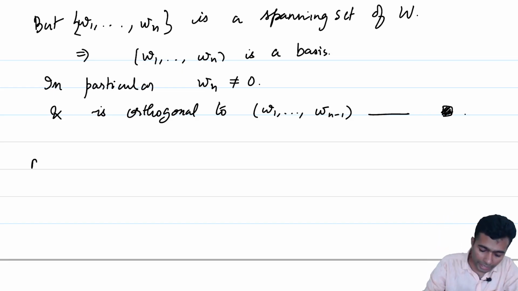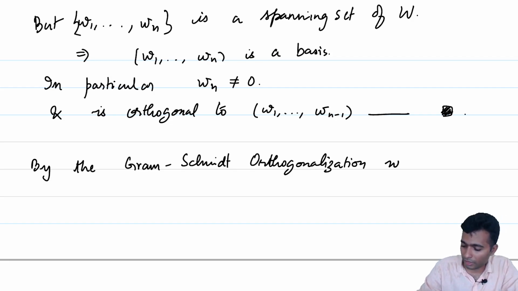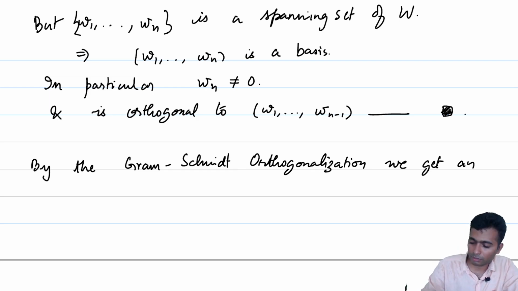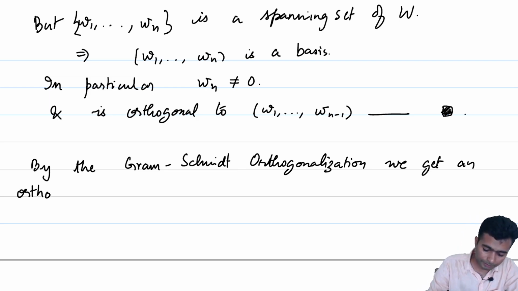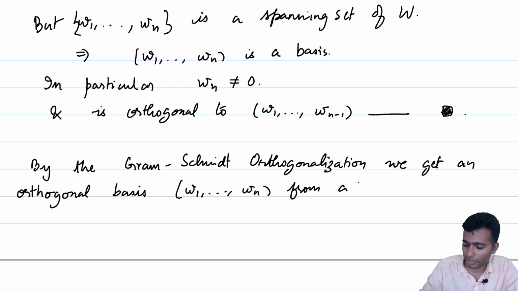So by the Gram-Schmidt orthogonalization, we get an orthogonal basis, say W1 to Wn, from a basis V1 to Vn.